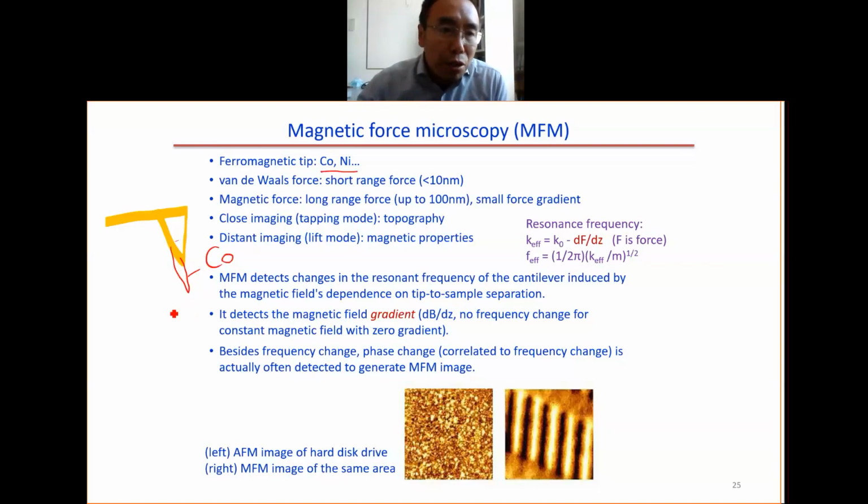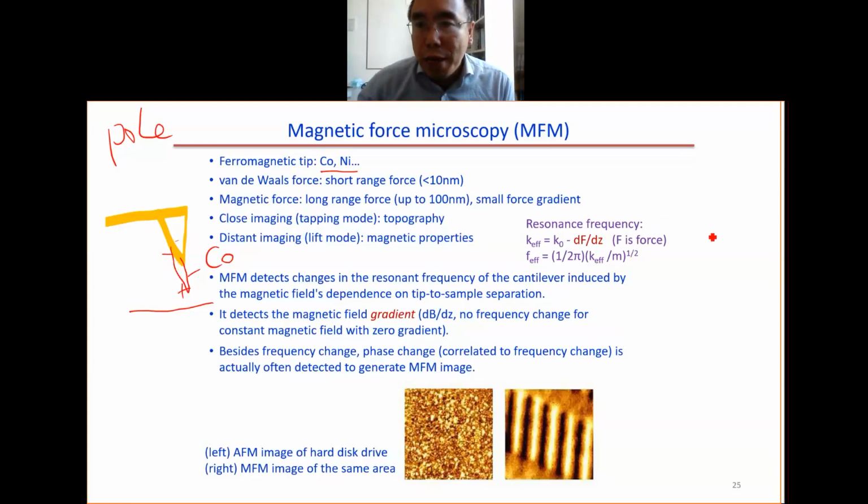Those are magnetic materials. Then you have this sample. You have the magnetic poles, the positive pole and negative pole. You can consider this as the north pole and this as the south pole.